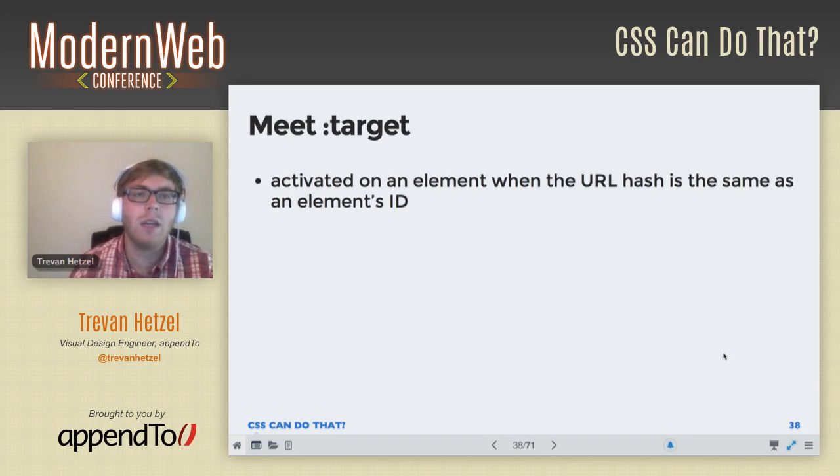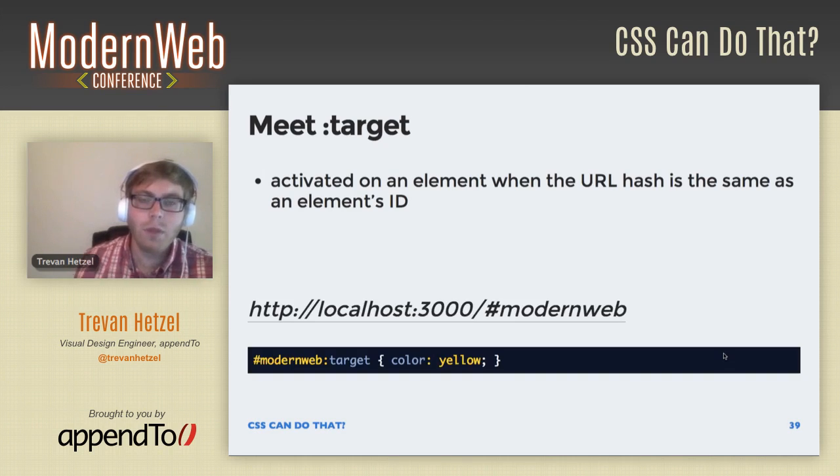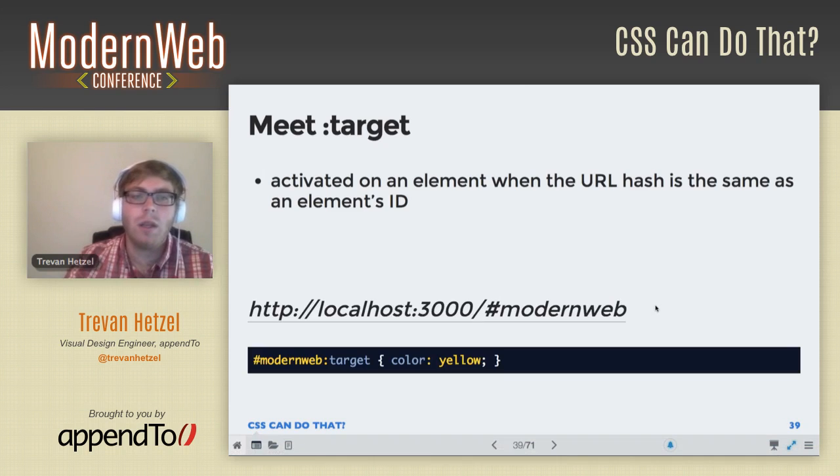So the target pseudo class is activated on an element when the URL hash is the same as an element's ID. For example, if we have this fake URL with a hash of modern web, and there is an element on that page that has an ID that is the same as that hash, we can use the target pseudo class to select it.